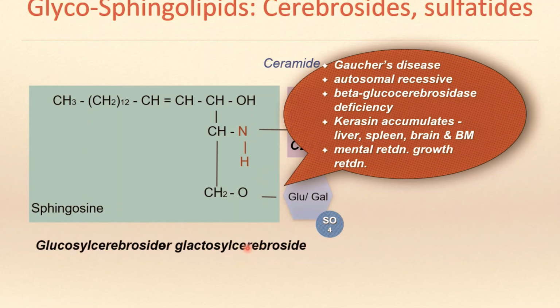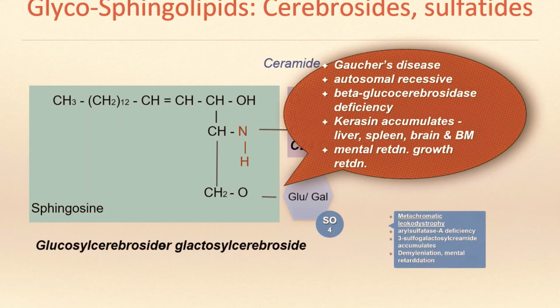Ultimately it will lead to mental retardation, poor growth, and ultimately the disease will be fatal. So that is about the cerebrosides, and the disease is known as Gaucher's disease, whereby the glucocerebrosidase enzyme will be deficient.